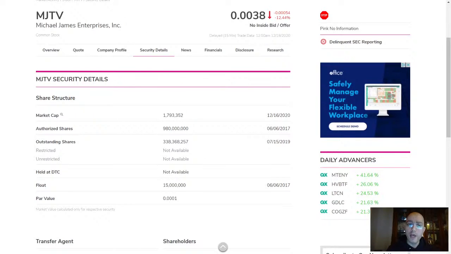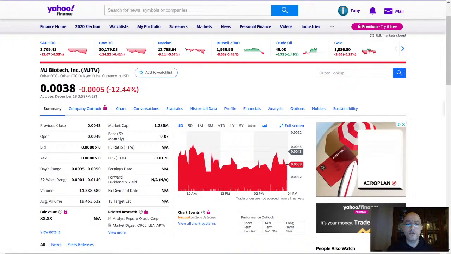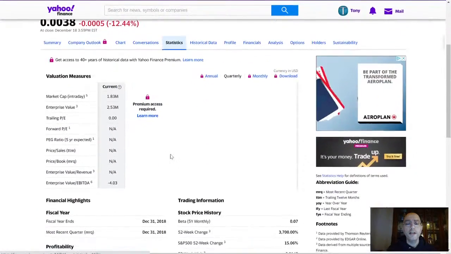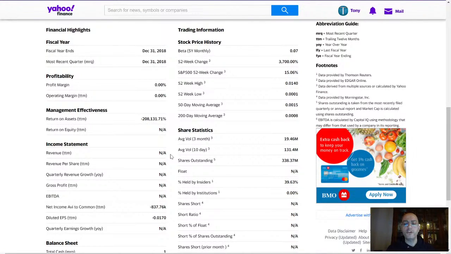Then I would go to Yahoo Finance, look at the stock, and look at the statistics just to make sure that it matches what I'm seeing on the OTC market. If there are any major discrepancies, then I have no hesitation, and that's for long-term holds as well, of sending IR, investor relations, an email and asking them for a confirmation.